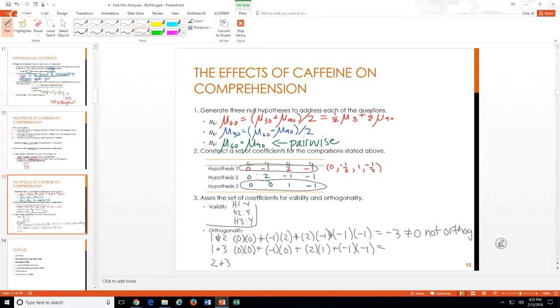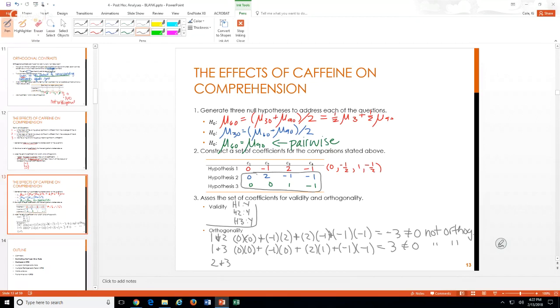What does that equal? Two? 3? I see 0 plus 0 plus 2 plus 1 equals 3, okay. And does that equal 0? No, not orthogonal.